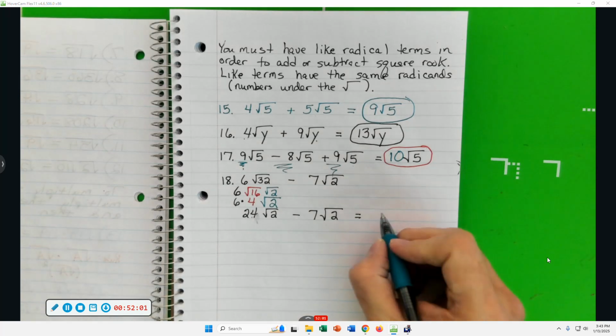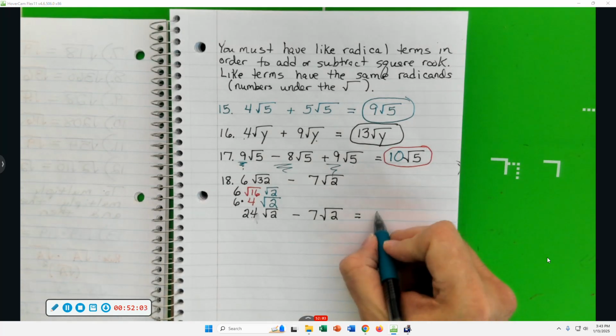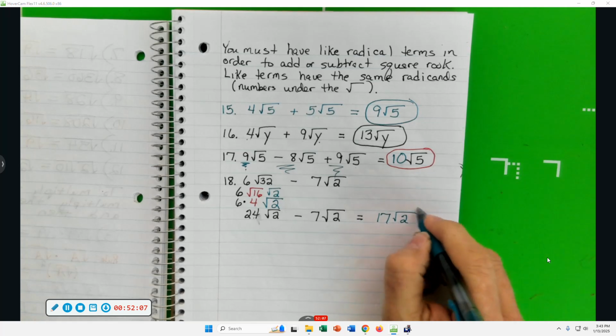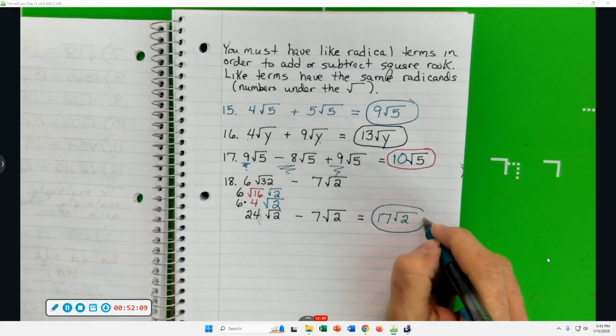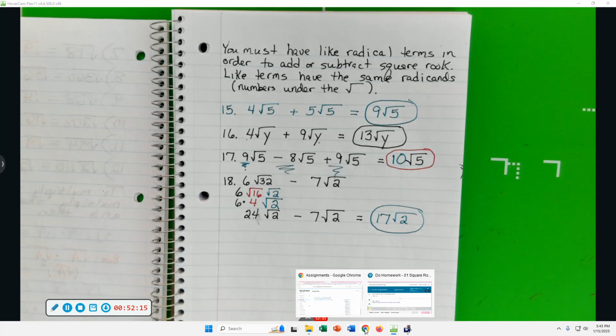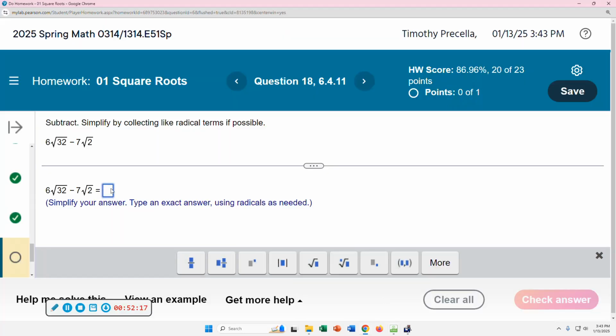What am I about to write here? 17. 17 square root of 2.